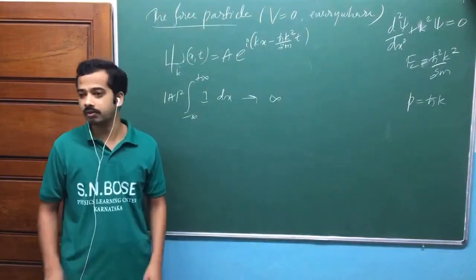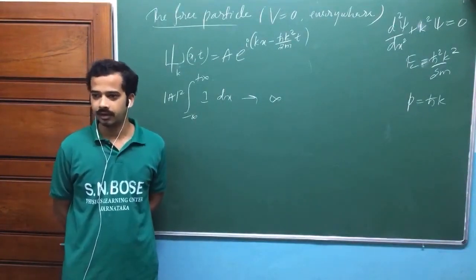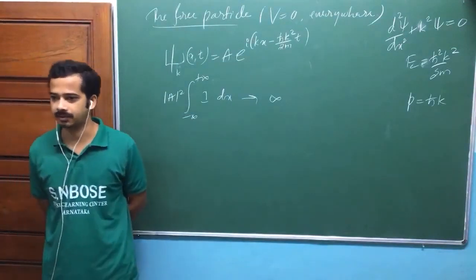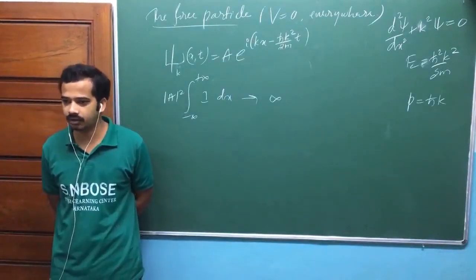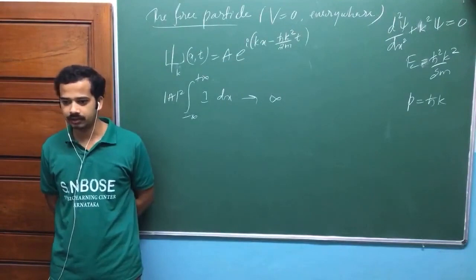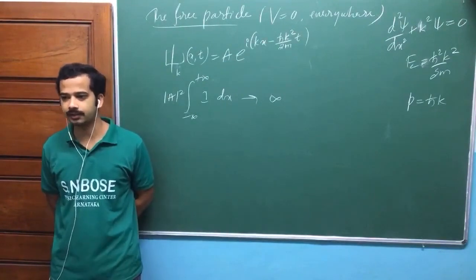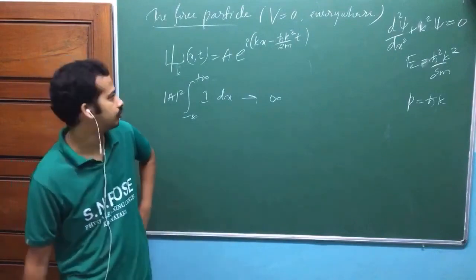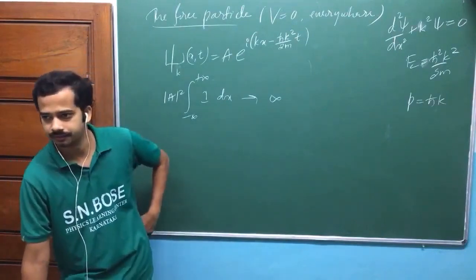It is not normalizable. If it is not normalizable, we say it is not physically acceptable. Because if it is not normalizable, then we can't do any interpretation. We can't do any probabilistic interpretation. We can't take any expectation value using this one.